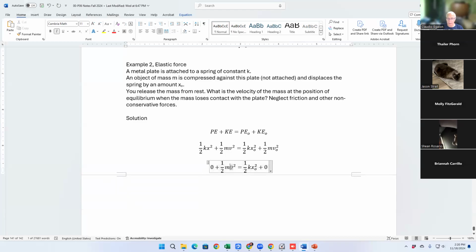I want to emphasize that I want to find the final velocity. We don't need that. We don't need that. Step by step, half cancels with half. And then divide both sides by m.